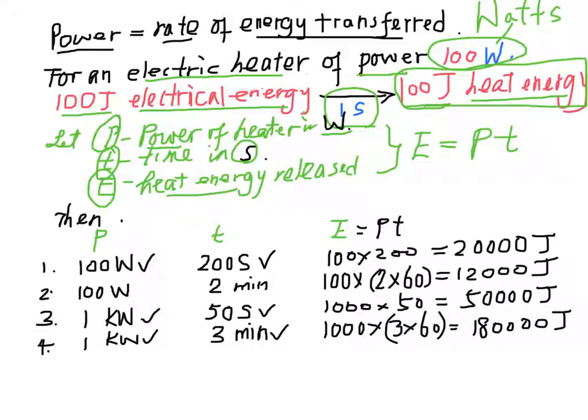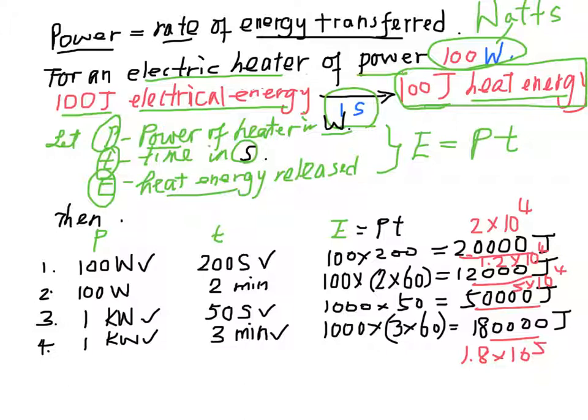Very often we use scientific notation if the number is too large. This one we can write 2 times 10 to the power 4, and this one we can write in the form 1.2 times 10 to the power 5, and this one we can write in the form of 5 times 10 to the power 4. Lastly, for this one we can write in the form of 1.8 times 10 to the power 5.